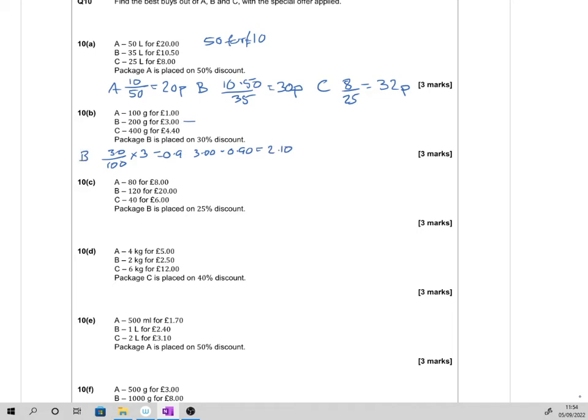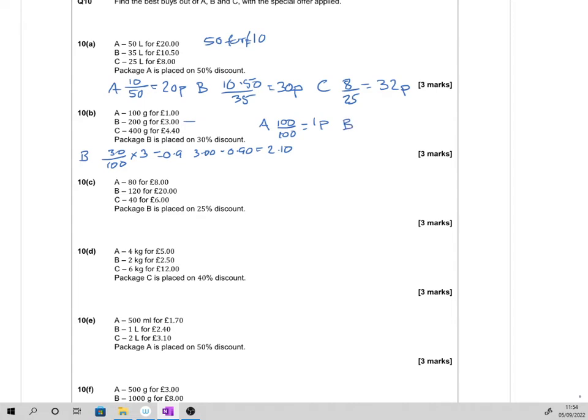So now let's find out how much it is. Package A is 100 divided by 100, which equals 1 penny.